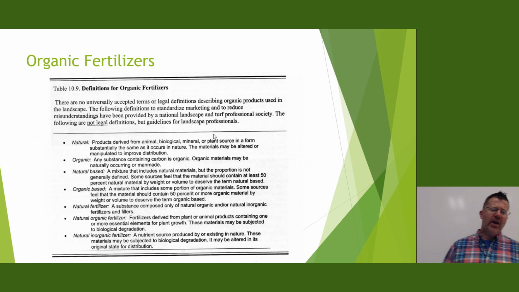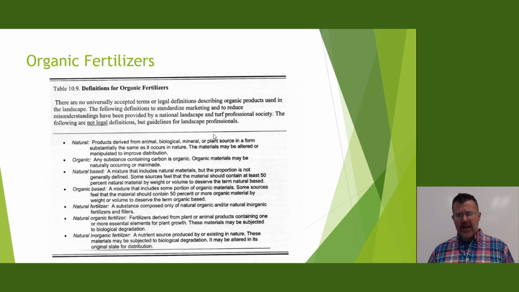Organic fertilizers. I put this in, guys, because we hear a lot about natural, organic-based, natural fertilizer. I just threw these definitions in here, guys. Natural products derived from animal, biological, mineral, or plant sources, in a form substantially the same as it occurs in nature.